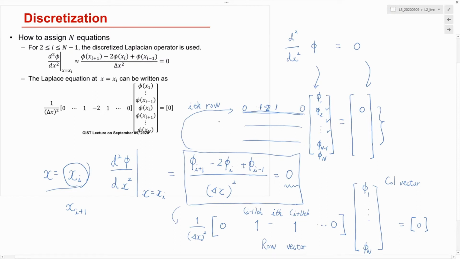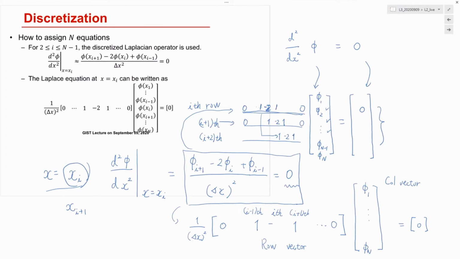If we assign the i plus 1's row, it gives the same pattern, one shifted to the right: 1, -2, 1. And for two shifts, 1, -2, 1 again. That will give you the full information about your system.